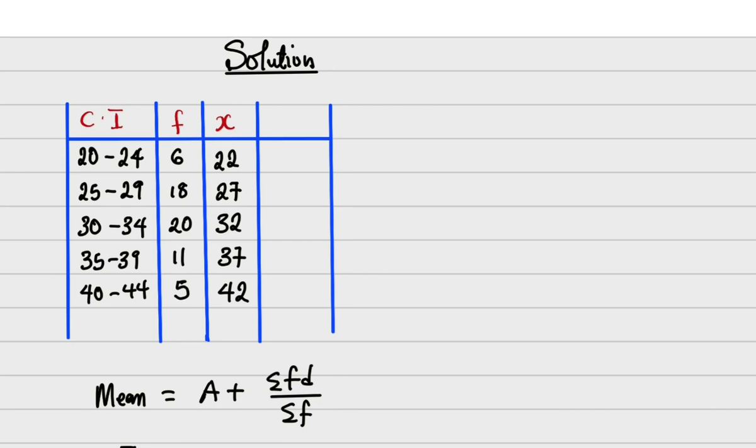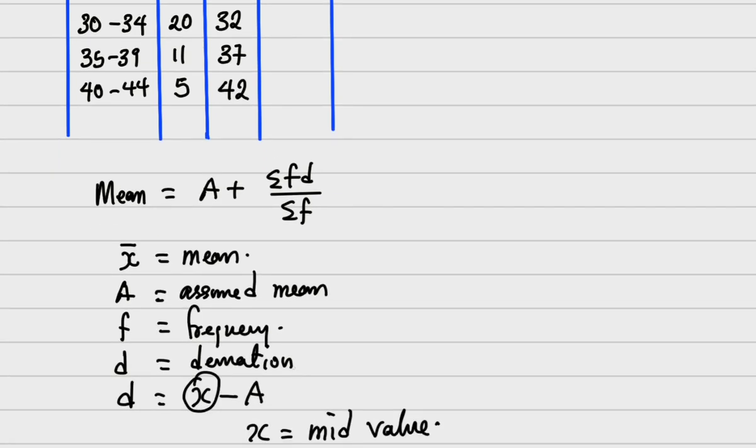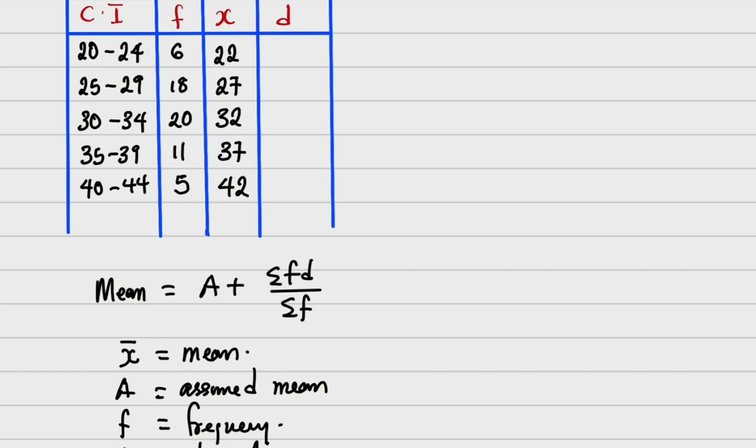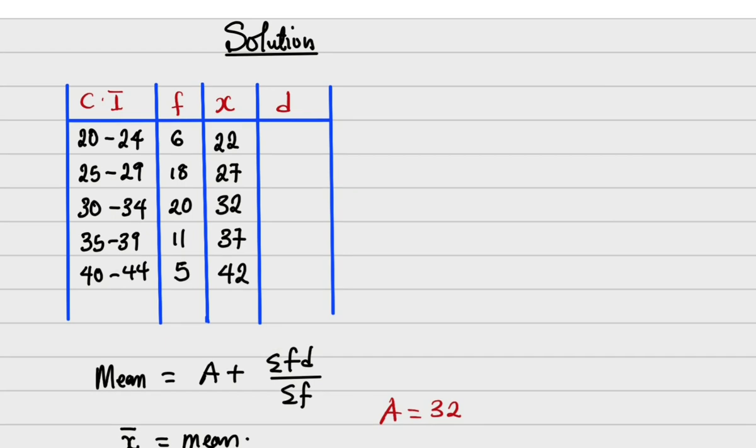After getting this, the next thing we have to do is to find our deviation, which is D. Remember, this is how we find our deviation: X minus the assumed mean. We know that the assumed mean given to us is 32 from the question. So we start with 22 minus 32.